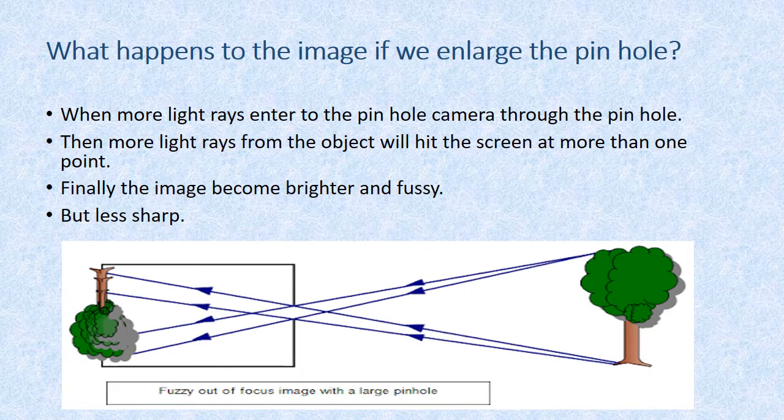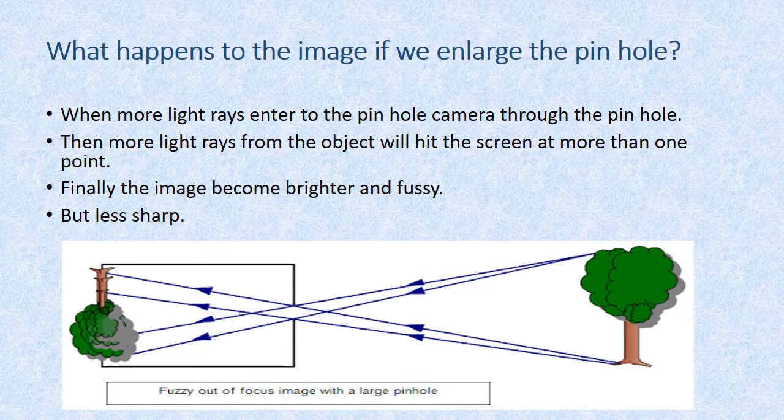What happens to the image if we enlarge the pinhole? When we enlarge the pinhole, more light rays come in. More light rays enter the pinhole camera through the pinhole. Then more light rays from the object will hit the screen at more than one point. I think you can clearly observe this in this picture.